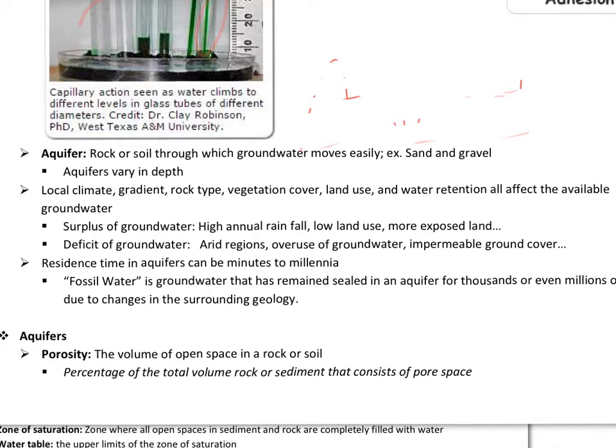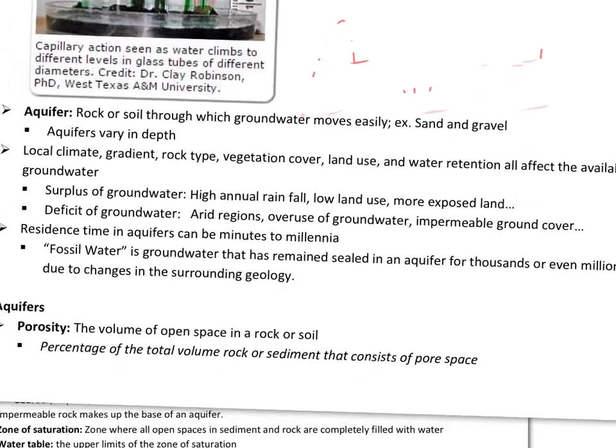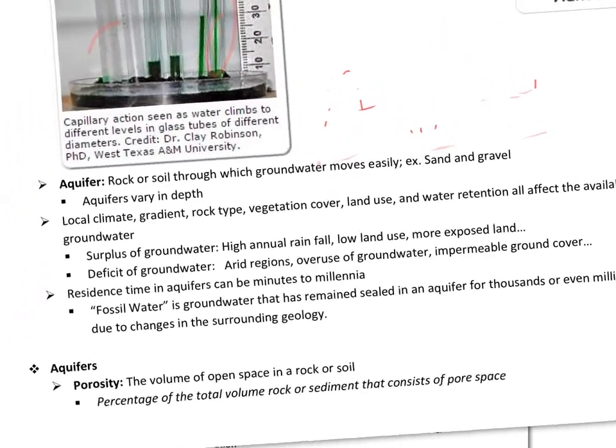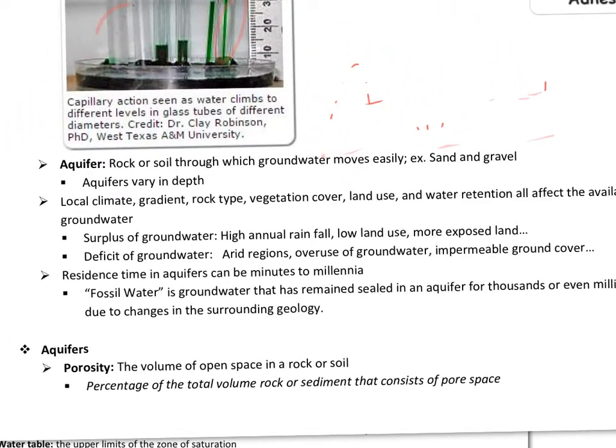But in the big picture, sometimes we put groundwater in that actually remains there for thousands or even millions of years. And for that, we refer to it as fossil water. There's fossil water actually underneath the Midwest in what's referred to as the Ogallala Aquifer. And you guys are going to read about that.